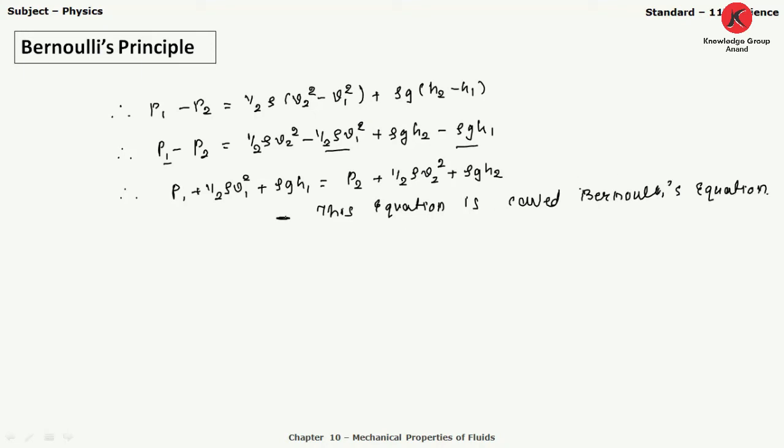In general form we can write the equation as P plus half rho V square plus rho g h equal to constant. So in other words, we can state Bernoulli's equation in words.